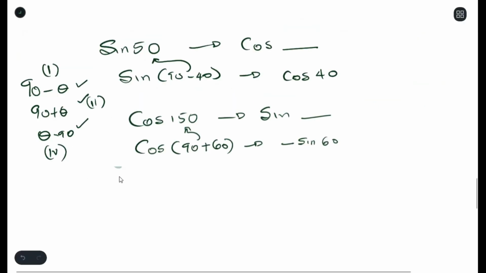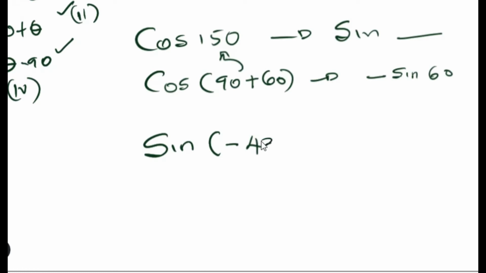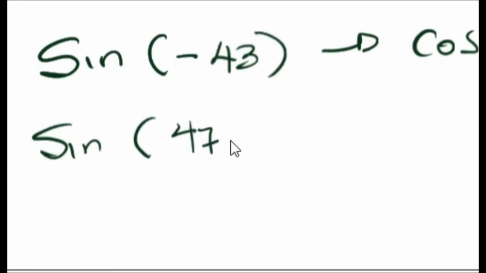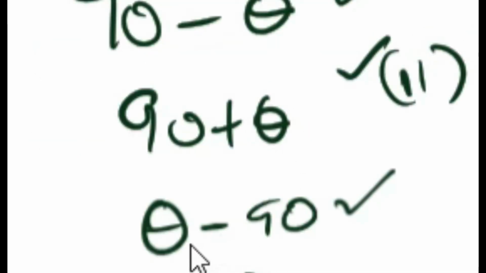The last one looks a little bit complicated. Let's say you have something like sine negative 43. How exactly do you change this into cos, which is negative theta? This is in our fourth quadrant for the negative angles. So we write 47 minus 90. As you can see, it looks more or less like theta minus 90.